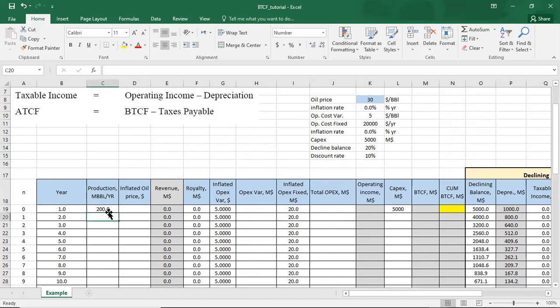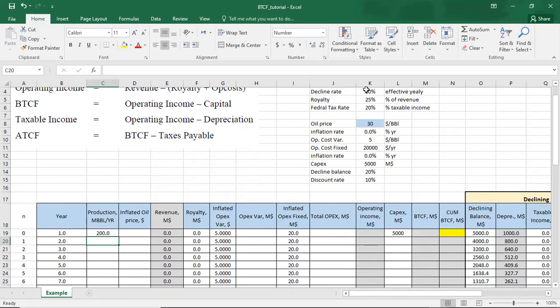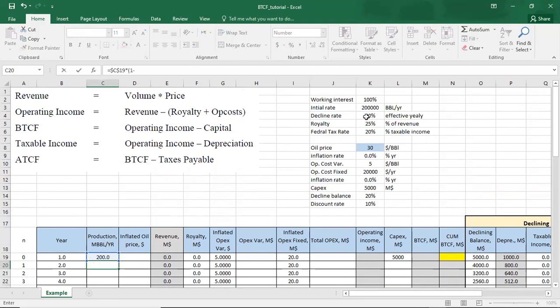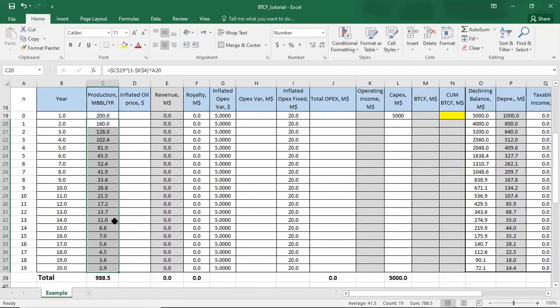First thing, we will calculate the production forecast using exponential decline, using this decline rate of 20%. So the second year forecast will be equal to 200, and we'll make it fixed, multiplied by 1 minus the decline rate of 20%, and we'll make it fixed, to the power of the year number, which is equal to 1, and we will copy that down.